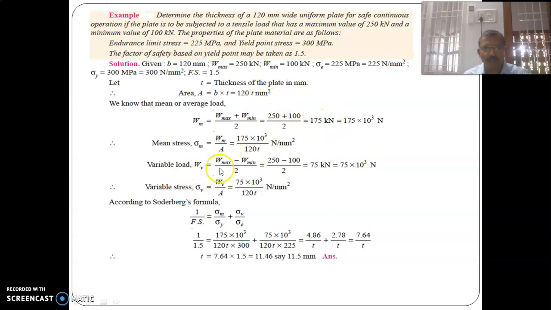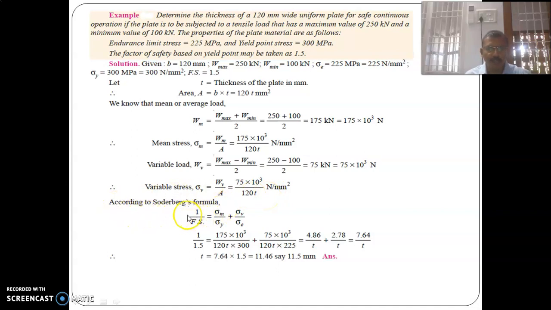The variable load is 250 minus 100 by 2, which equals 75. The mean stress sigma m equals 175 divided by A, where A is 120 into T, since it is a rectangular cross section. The tensile stress formula is sigma equal to P by A, so the variable stress is 75 into 10 power 3 divided by 120 T.